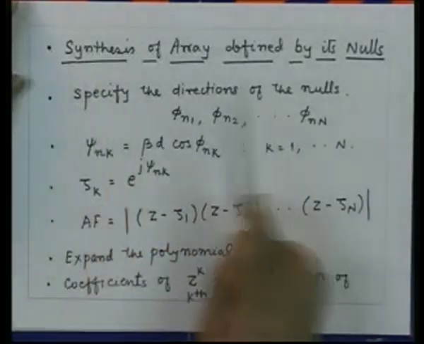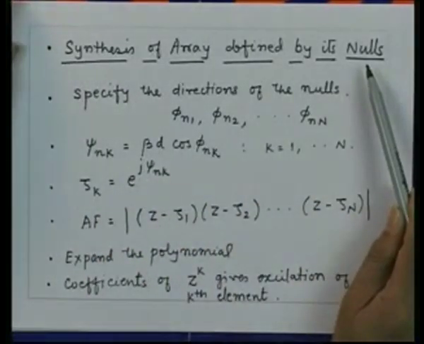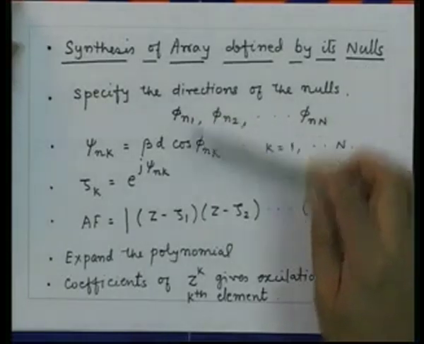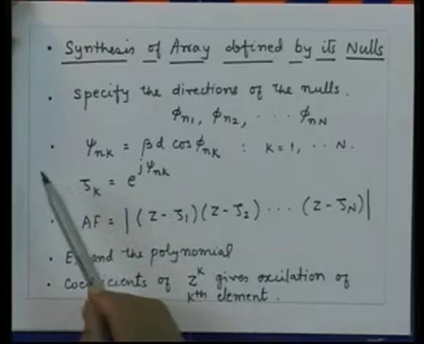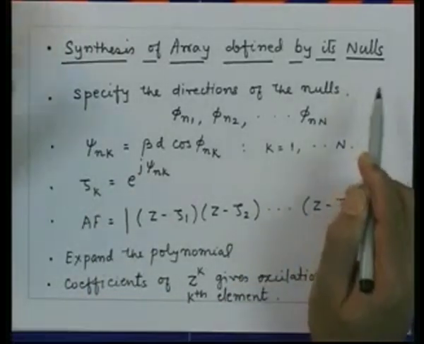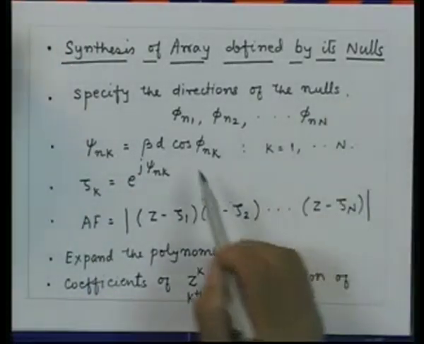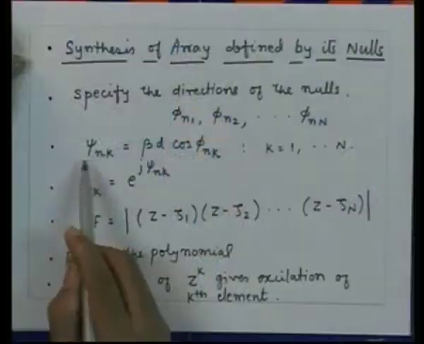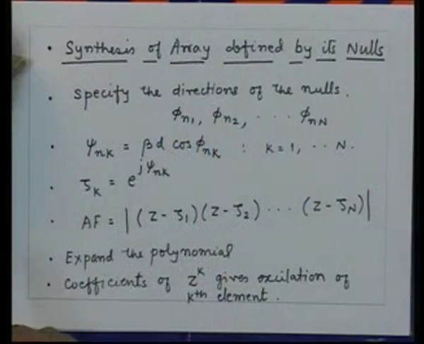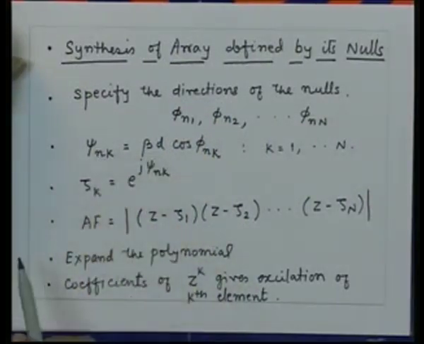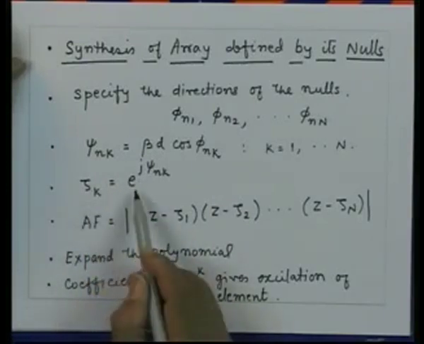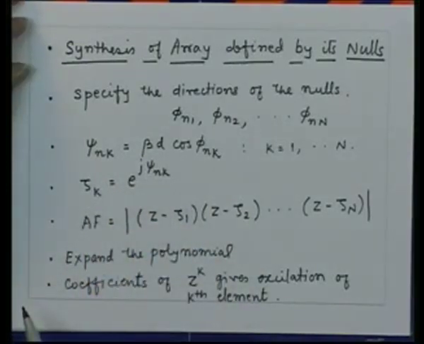So, an array which is specified by the nulls can be synthesized in a very straightforward manner. So, first you find out the directions of the nulls which are specified by the users, which are given by phi n1, phi n2, phi nN. Find out the corresponding values of psi. Find the roots corresponding to these values of psi, which is defined by e to the power j psi nk.